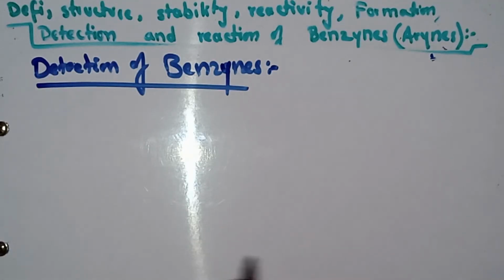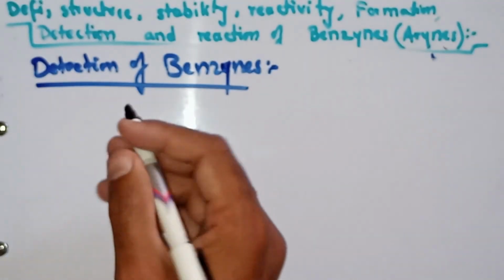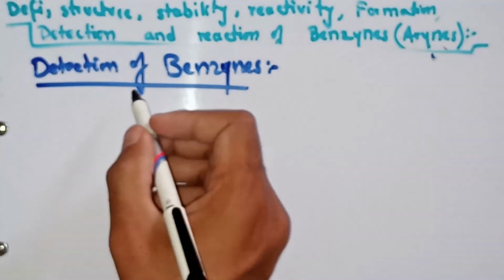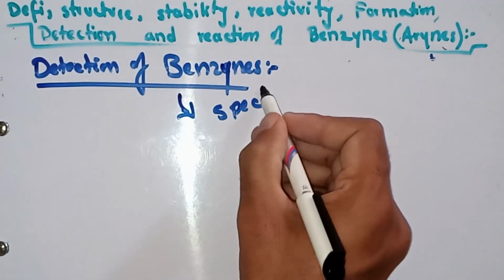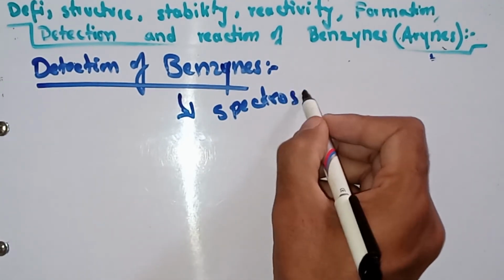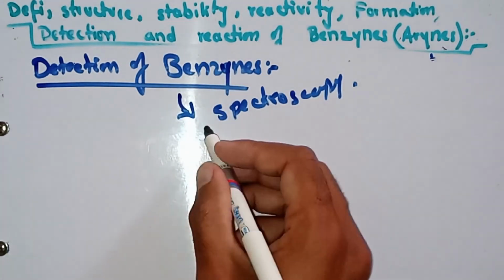The detection of benzyne. How can you detect that there is benzyne? Benzyne can be detected through spectroscopy.